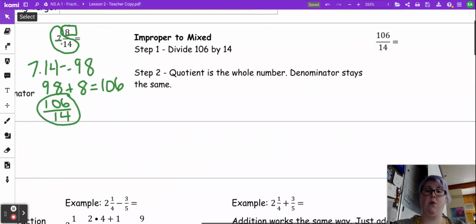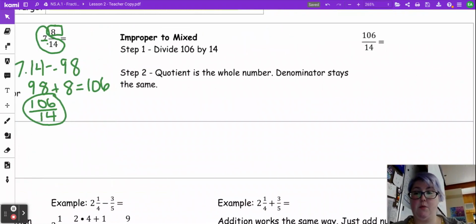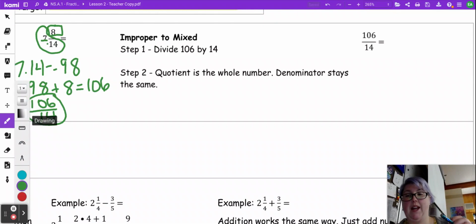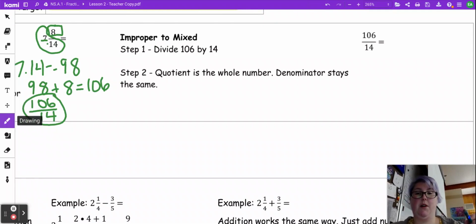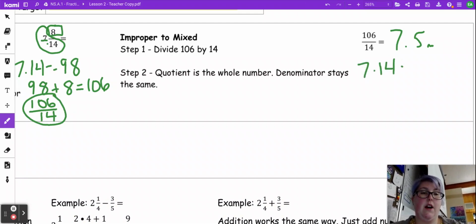Now, we can do the opposite as well because we can turn it back into a mixed number. So we divide 106 by 14 and we get 7.5. There's a lot going on there. So we know that our whole number is 7. So if we do 7 times 14, that will get us 98.